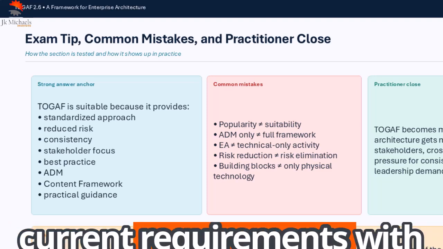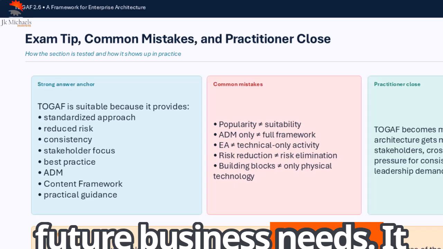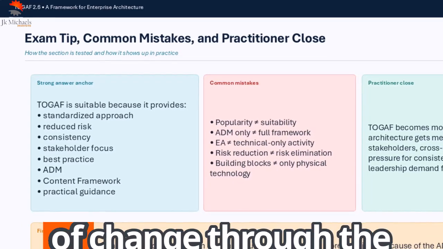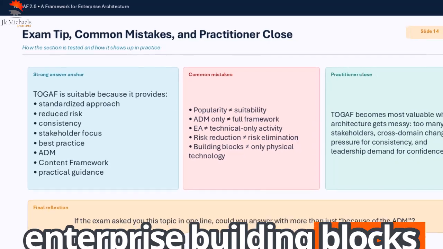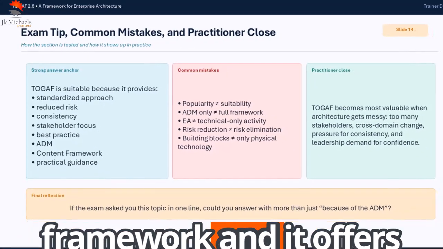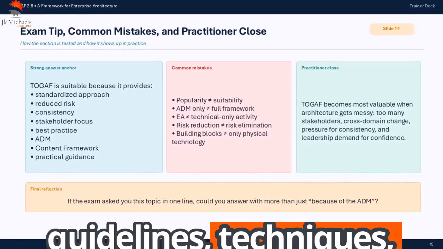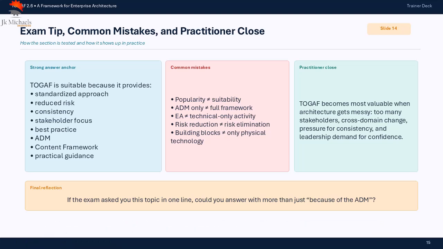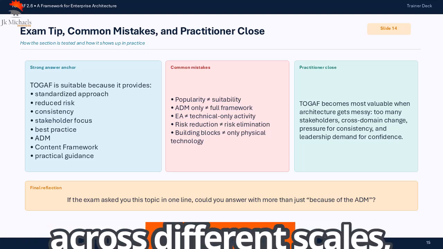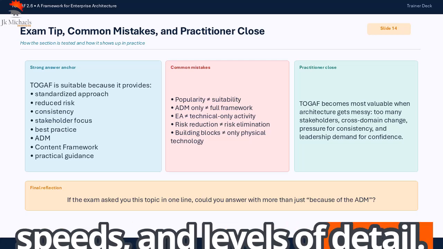It balances current requirements with future business needs. It provides a standard cycle of change through the TOGAF ADM. It defines enterprise building blocks through the TOGAF content framework, and it offers guidelines, techniques, and advice for architecture creation, maintenance, and change delivery. It also supports work across different scales, speeds, and levels of detail.